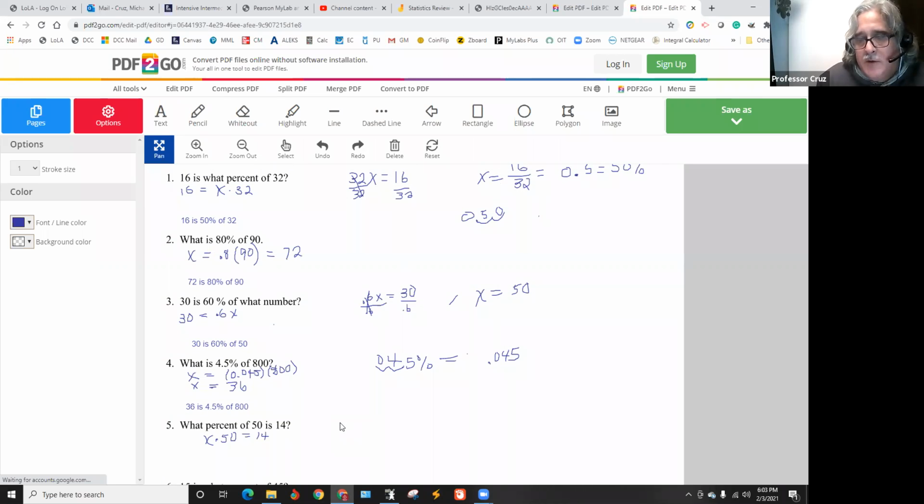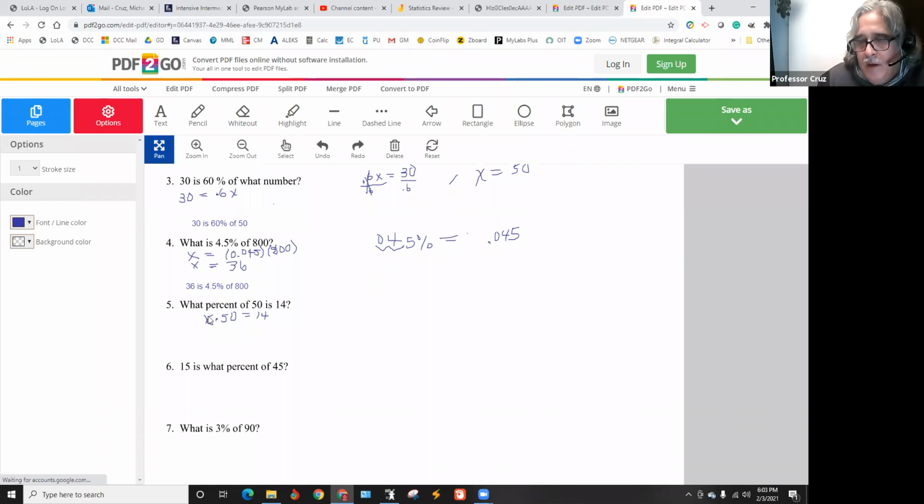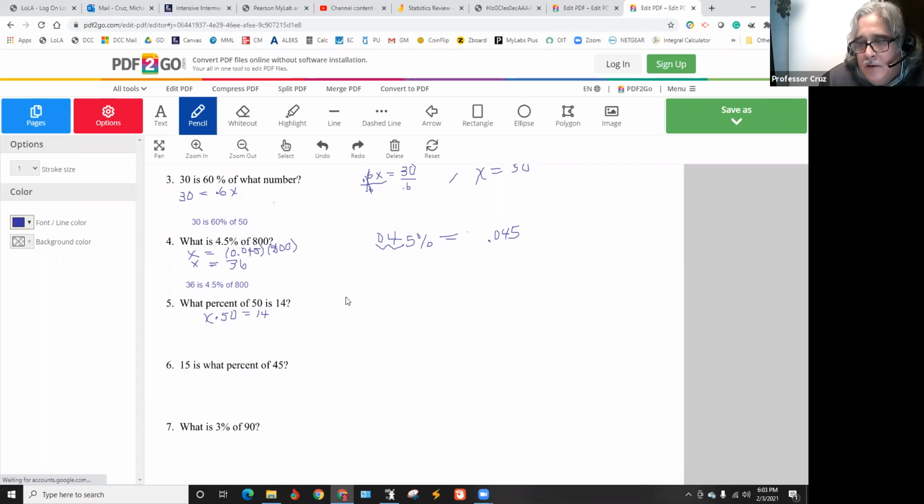It's just backwards. So then we can write this as 50x because that's 50 times x. Doesn't matter whether you got the 50 or the x first. It's just that generally we look at it like that. So I'm putting it in a familiar form.